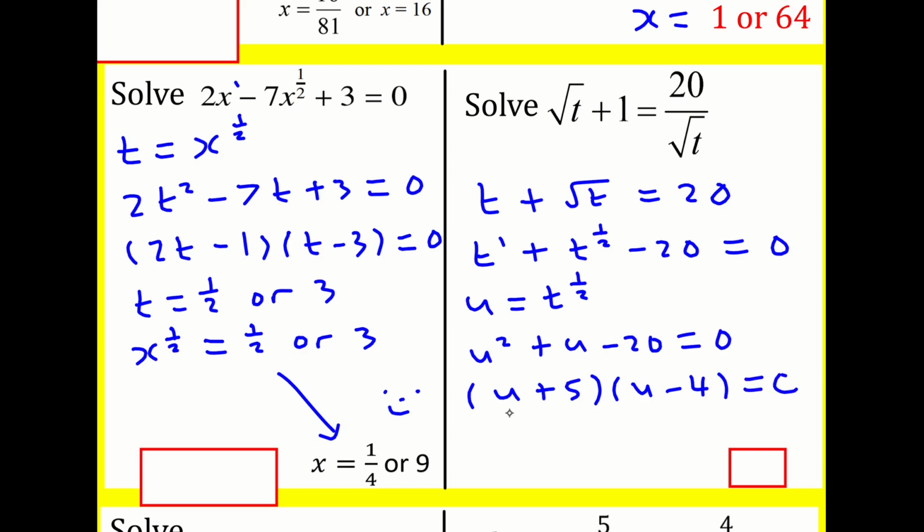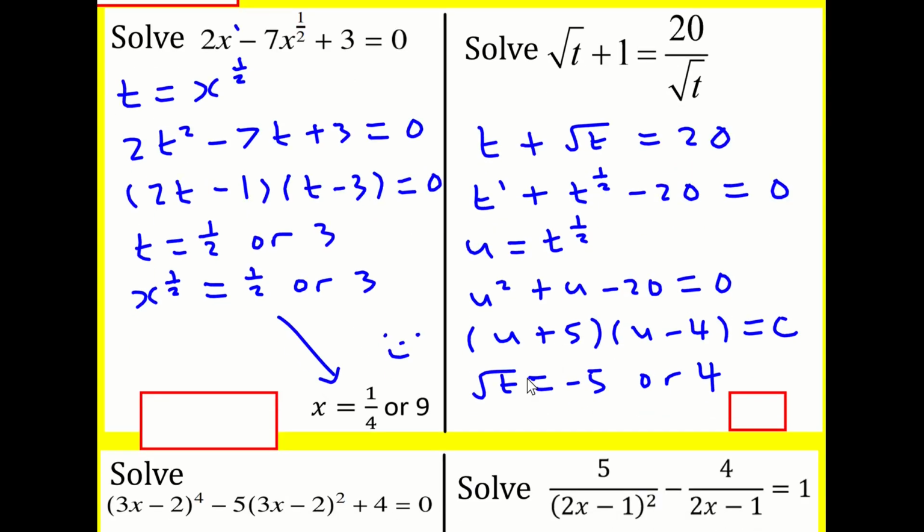And that, remember, is the square root of t. So the square root of t equals minus 5 or 4. Now be very careful before you just square these. You cannot have the square root of something equal to minus 5. This is different than if you had, say, x squared equals 5.